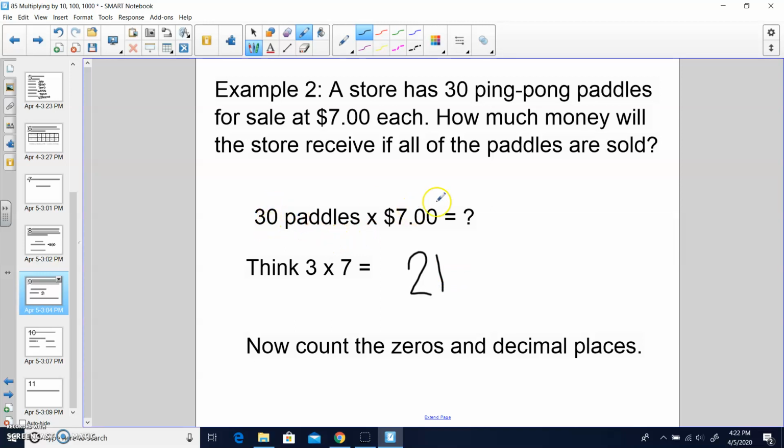Well, here's 1 and 2, 3. So I'm going to write down 3 more zeros. Okay, and then I know I have money that I am dealing with, so I'm going to add my dollar sign in. And don't forget your decimal place. So 1, 2 from the right, 1, 2 from the right. So 30 paddles at $7 each would be $210.